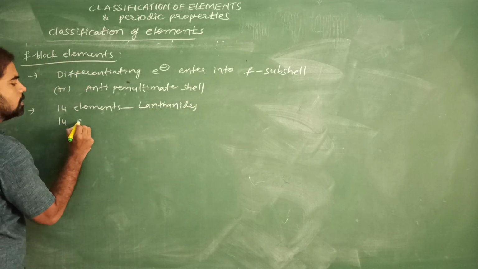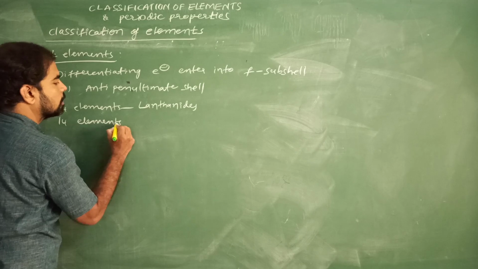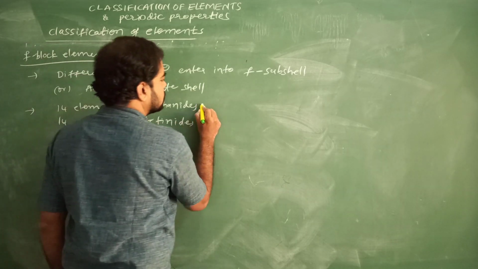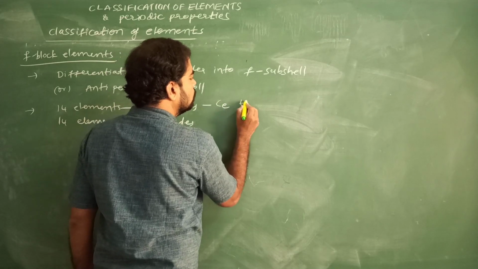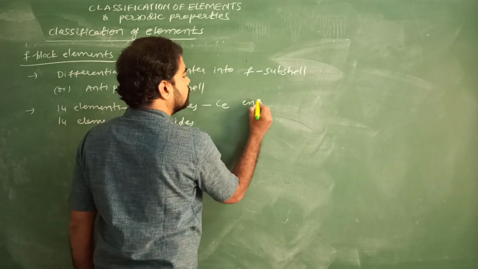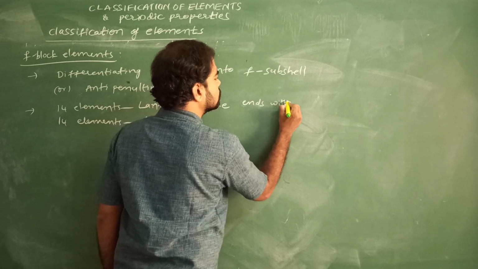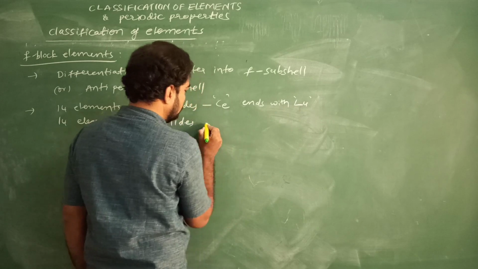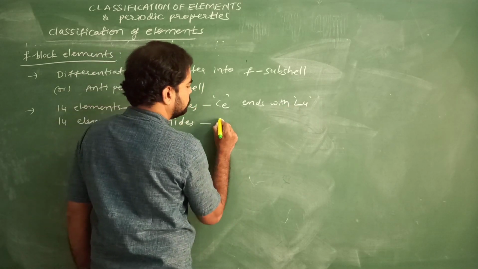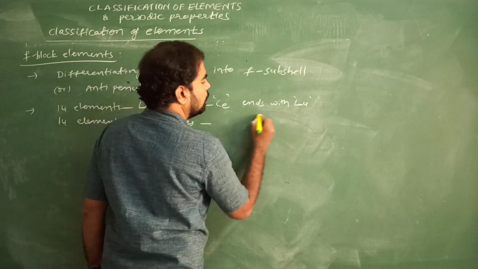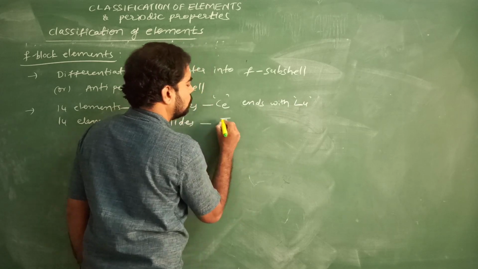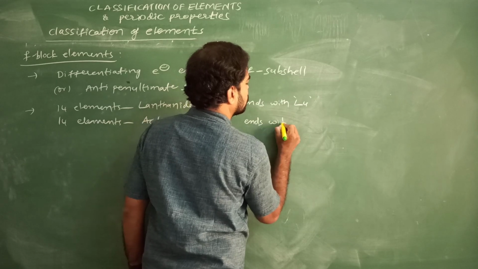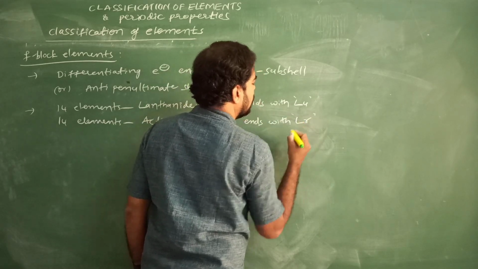The first 14 elements are called lanthanides, and the next 14 elements are called actinoids. Lanthanides start with cerium and end with lutetium, Ce to Lu. Actinides start with thorium and end with lawrencium, Lr.